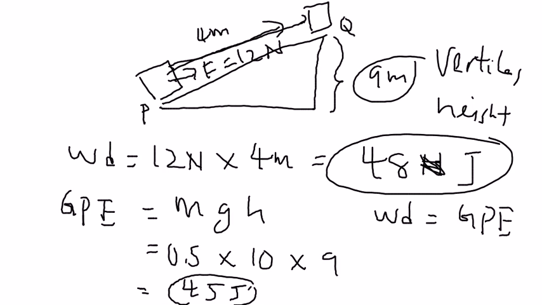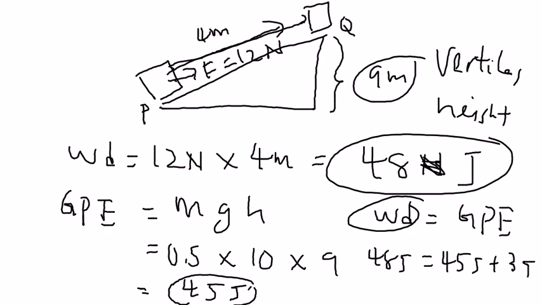When you push the object up, the work done is 48 joules, but you only have 45 joules gained as gravitational potential energy, because the remaining 3 joules is lost due to friction between the object and the surface of the slope. It can be lost as heat or as sound due to friction force. So 45 plus 3 equals 48. Alright, that's all for this lesson.